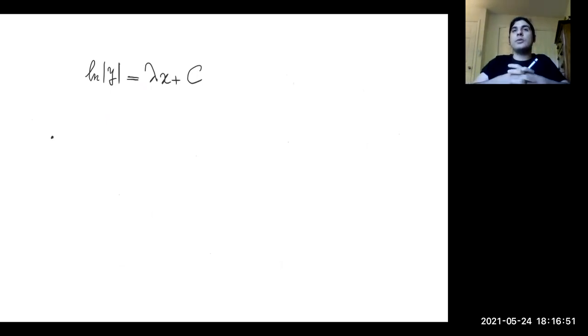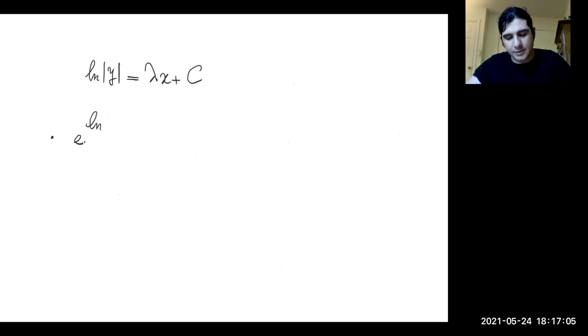And the way to do that is to use the inverse of ln, and that's the exponential, right? So we should take the exponent of both sides of the equation. If they are equal, e to ln of absolute value of y is also equal to e to the power lambda x plus c, right?